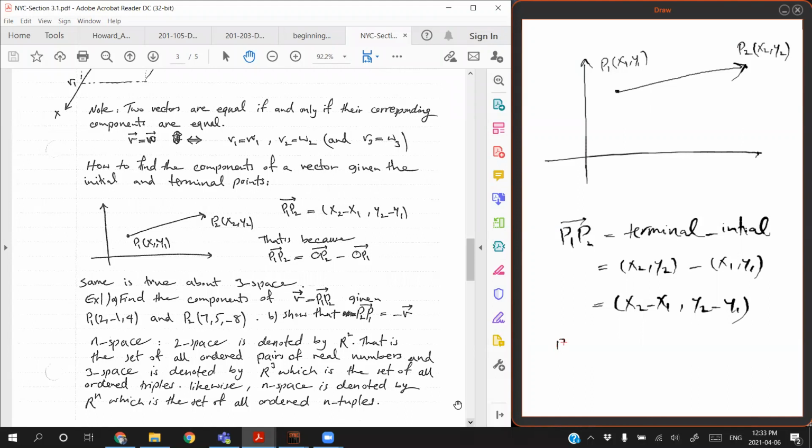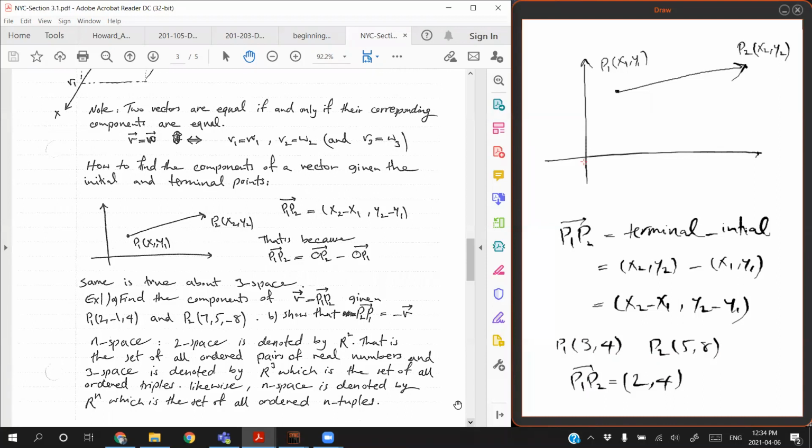So for example, if P1 is (3, 4) and P2 is (5, 8), then the components of the vector P1P2 are going to be 5 minus 3, which is 2, and 8 minus 4, which is 4. So that's how you get the components. But what's the rationale behind that?